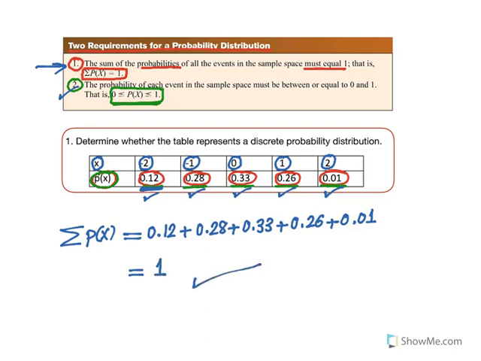And so this means that the first requirement is met, and we saw also that the second requirement is met because each of the probabilities that you see here is between 0 and 1. So this answers the first question, and the answer is yes, because we checked both conditions.